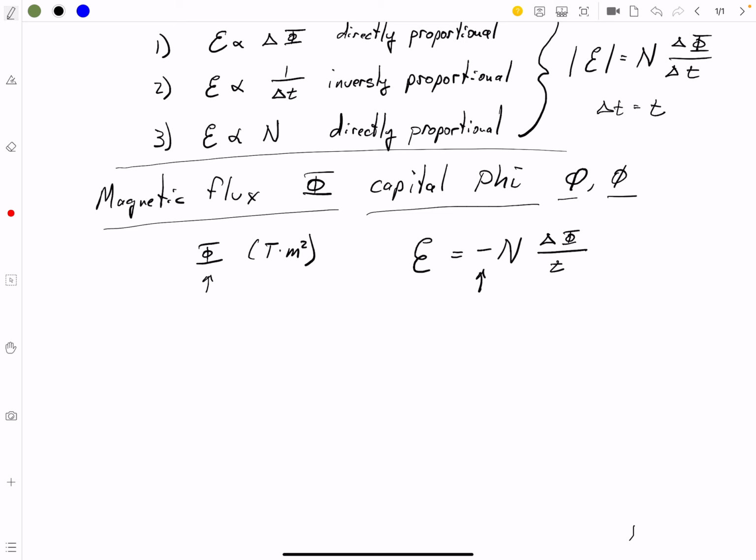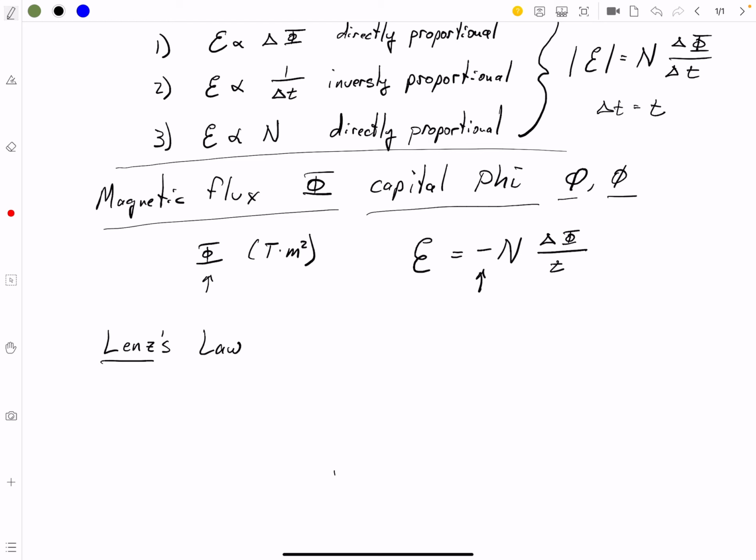Okay? So the fight is something called Lenz's law. So Lenz, this fellow, Lenz's law.